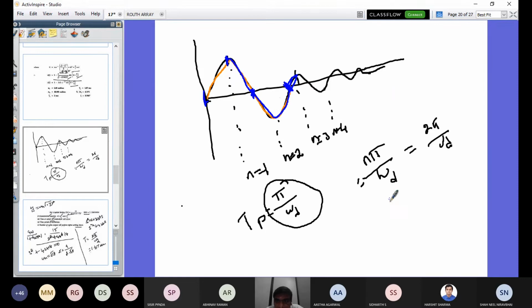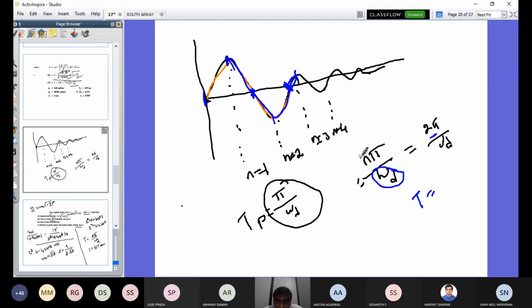The frequency here is omega d, already we know that. The standard form to determine the time period of oscillation is very easy to compare. So here to here means it will cross 2 peaks. So one peak, either this or this one, you can consider any one. So there should be 2 peaks, so it may come for 2n.